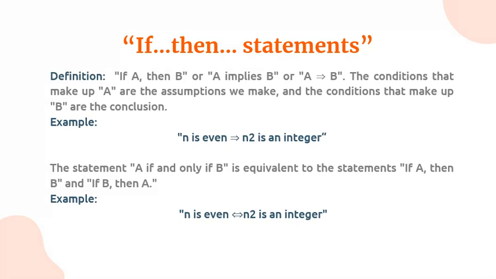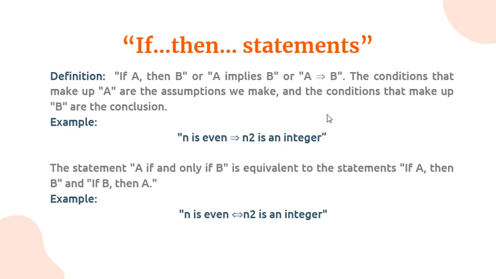Next is the if and then statement. Basically, if A, then B, or A implies B, or this symbol, we can use one of these three. The conditions that make up A are the assumptions we make, and the conditions that make up B are the conclusion.